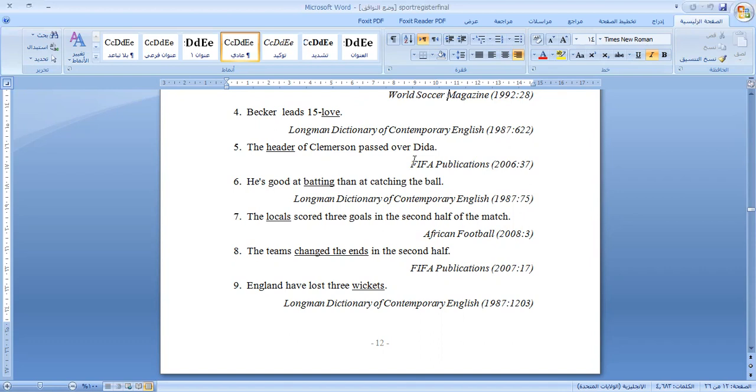In English we can say love, zero, or duck, while in Arabic we have only one choice, which is zero. So in this way love is rendered as zero.